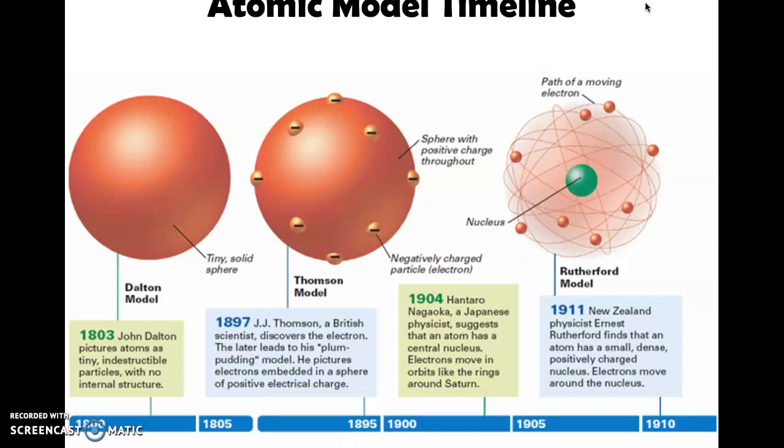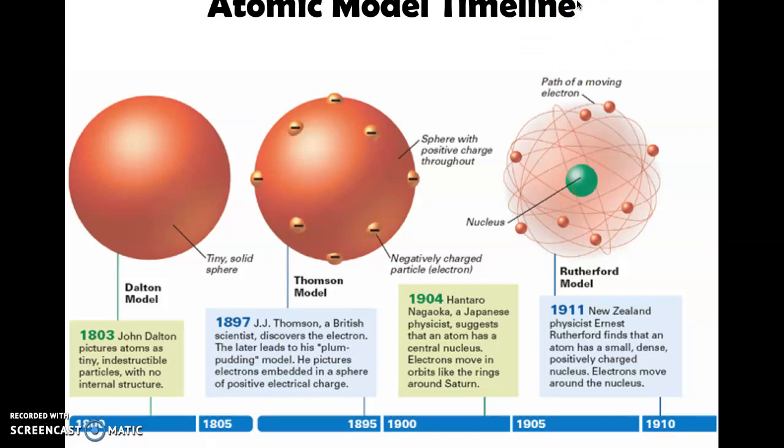He came up with a model called the plum pudding model that basically said that electrons were inside the sphere that Dalton had mentioned. You had these little negatively charged particles that floated around that sphere. And some people have referred to this also as the cookie dough model or the chocolate chip cookie model, because if you notice, it kind of looks like a chocolate chip cookie.